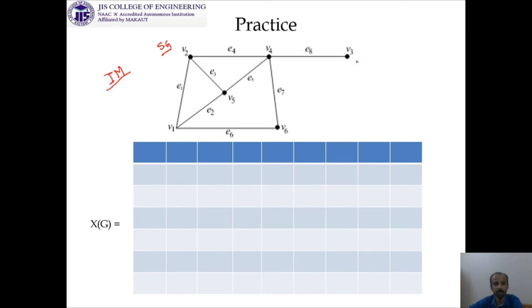According to the number of vertices and edges, our table is constructed. Look at this: E1, E2, E3, E4, E5, E6, E7, E8. So there are 8 edges in the column position, and there are 6 vertices, represented in the row position.